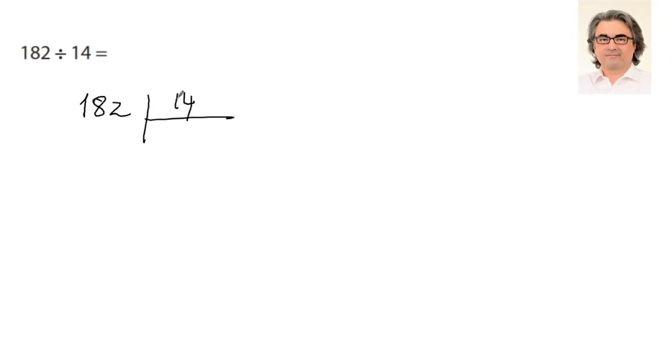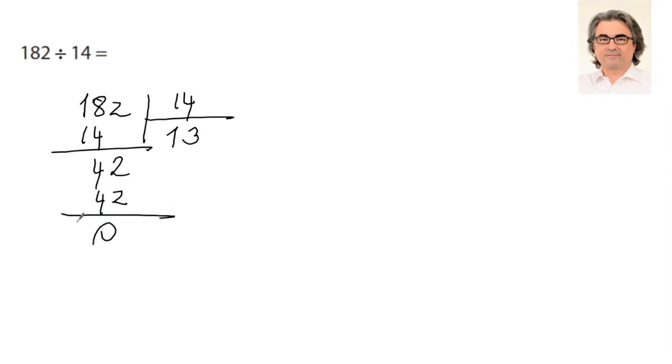In 18 I have 14. 1 times 14 is 14, and 18 minus 14 is 4. And right here 2. In 42 I have 14. 3 times 14 is, if you make this multiplication carefully, you will get 42.